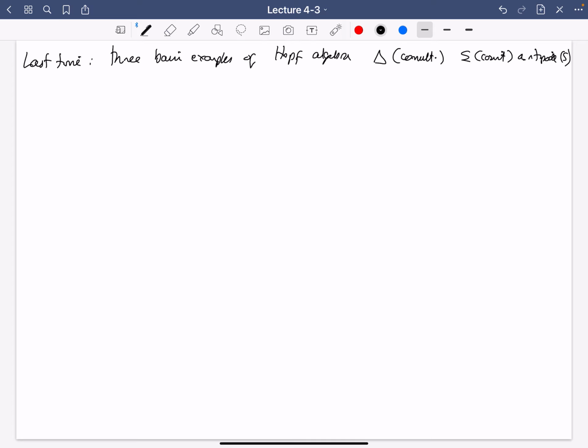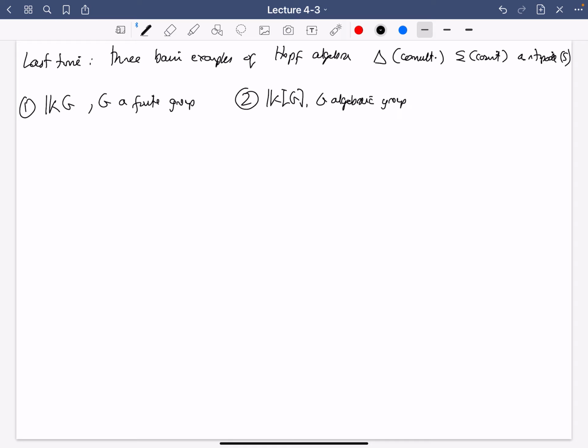And I have written down the diagrams that are the axioms of these. Example 1 was the group algebra of a finite group. Example 2 was the coordinate algebra of an algebraic group. And example 3 is the universal enveloping algebra of a Lie algebra. Okay, so that was where we were.